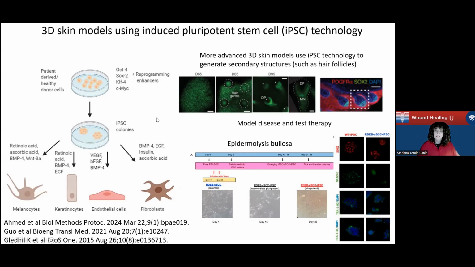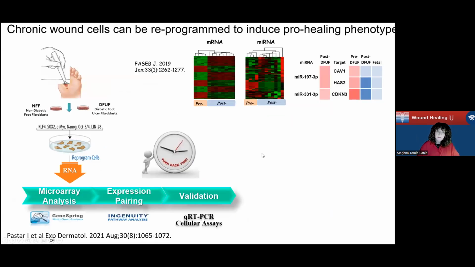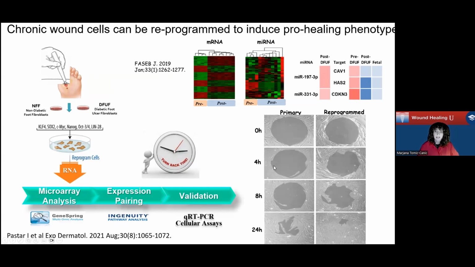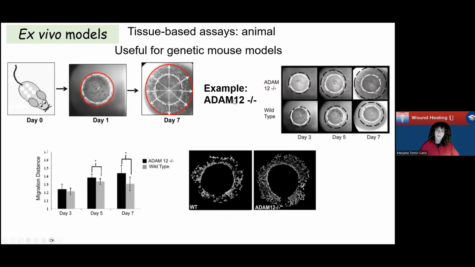So again, complexity of these organotypic models is here to stay, and I think it's currently being developed in many labs. And I will not go into the details. This IPC technology can be used to reverse the phenotype of a non-healing. I will, again, not go into the details of this in the interest of time.